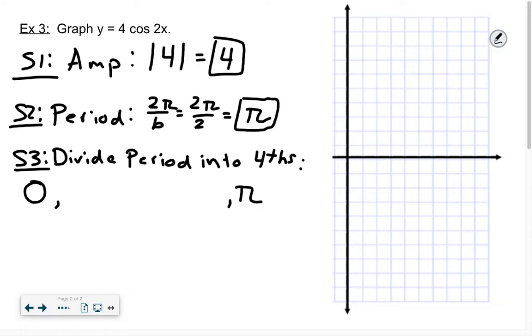Okay, so we're going from 0 to 1 essentially. Halfway between 0 and 1 is a half. So half pi, or pi over 2. What's halfway between a half and 0? 1/4. Therefore 1/4 pi. What's halfway between a half and 1? 3/4. Therefore 3/4 pi.